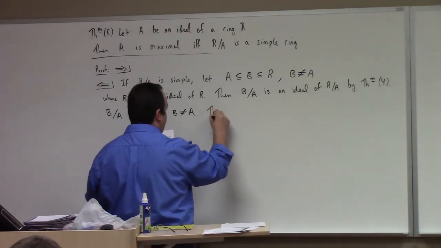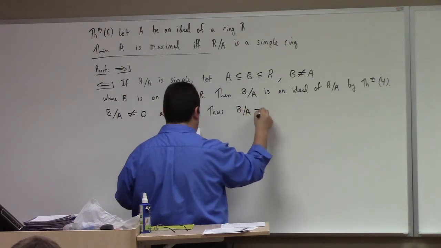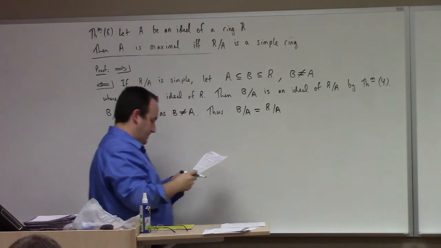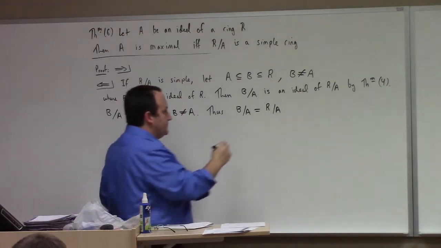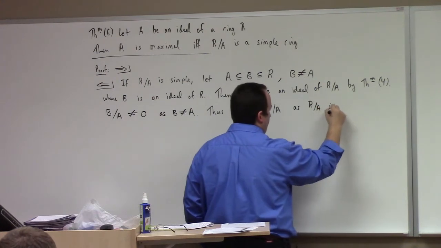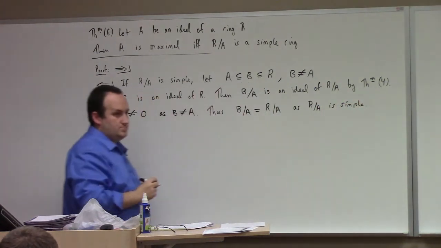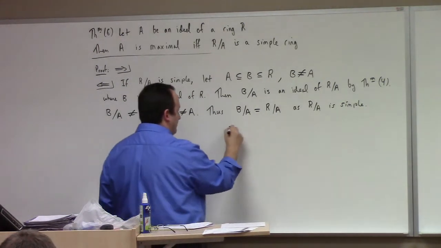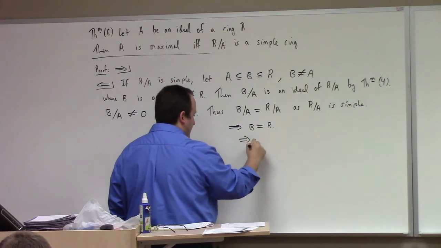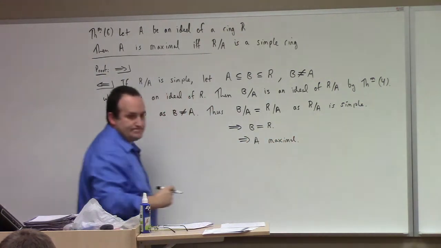Therefore, B over A has to be equal to R over A. Why? R over A is simple. And then that implies what? That implies that B is equal to R, which implies that A is maximal. All right.